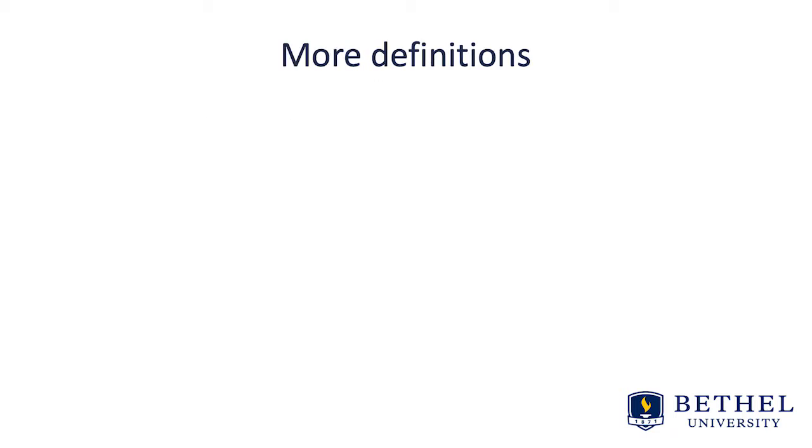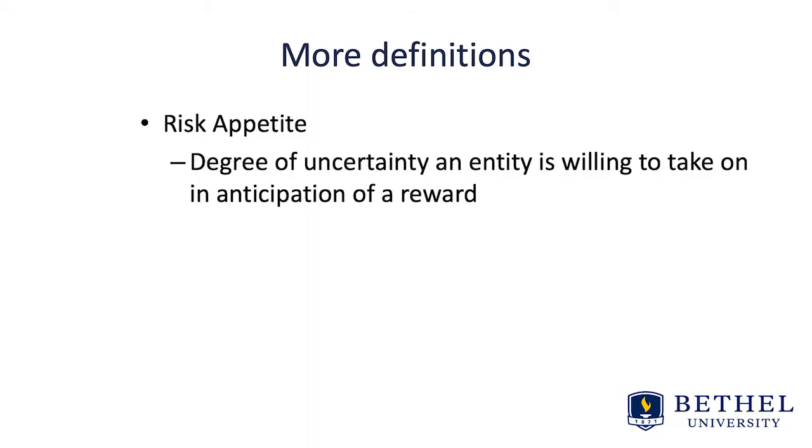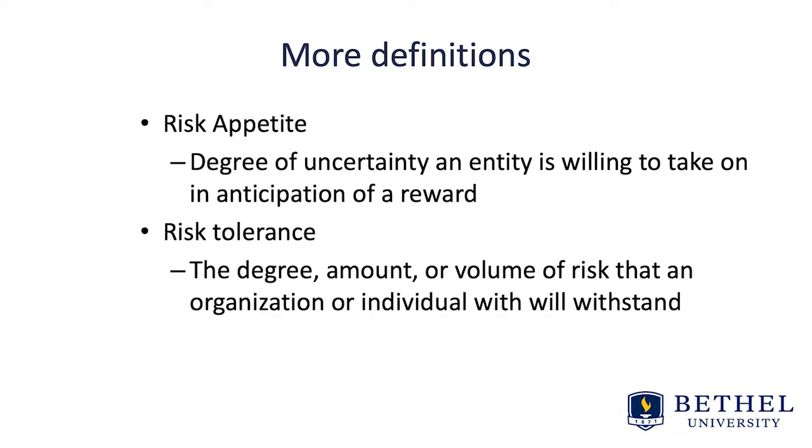Here are some other definitions of risk you need to know as a project manager. You have risk appetite, and that's basically the degree of uncertainty that the company or the project team is willing to take on in anticipation of a reward. Risk tolerance. What is the degree, amount, or volume of risk that an organization or individual will withstand? In other words, how much risk can the organization take on when you take this project on?